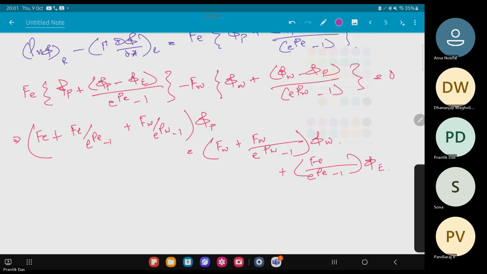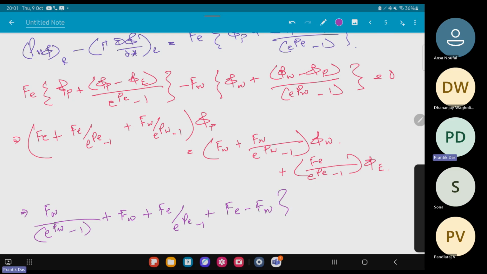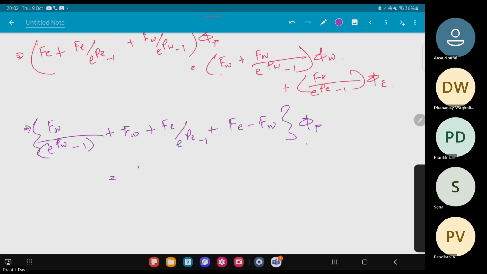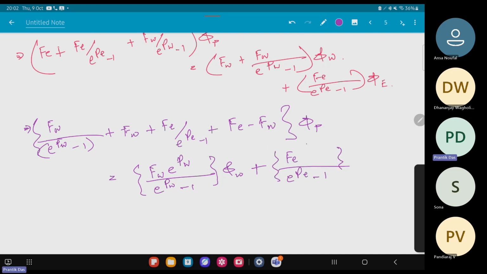And then this can be further reduced to Fw exponential of Pw divided by exponential of Pw minus 1 phi w, plus Fe divided by exponential of Pe minus 1 phi e.